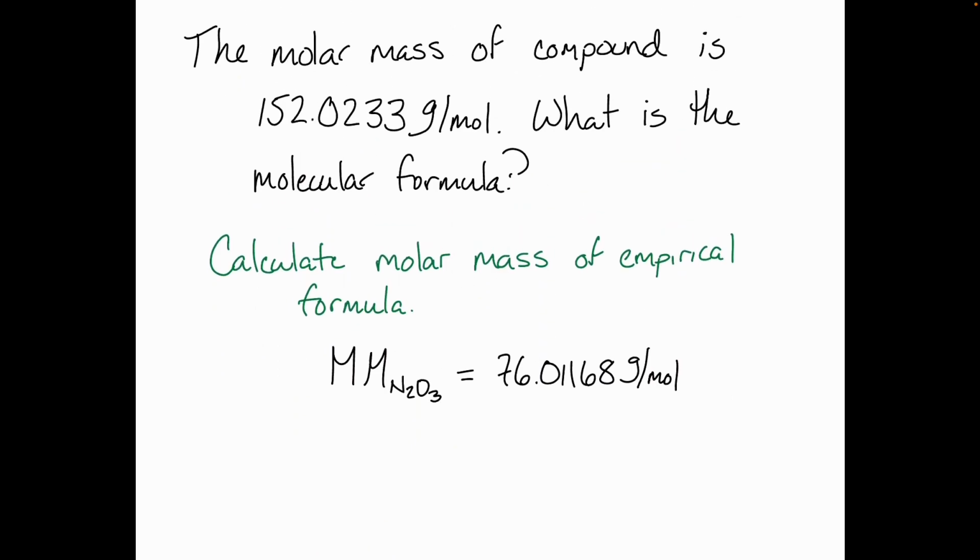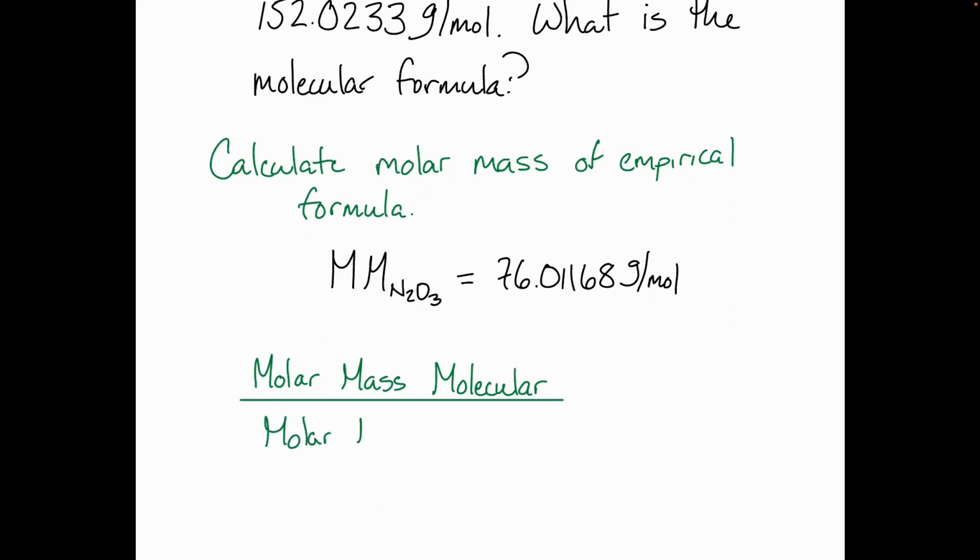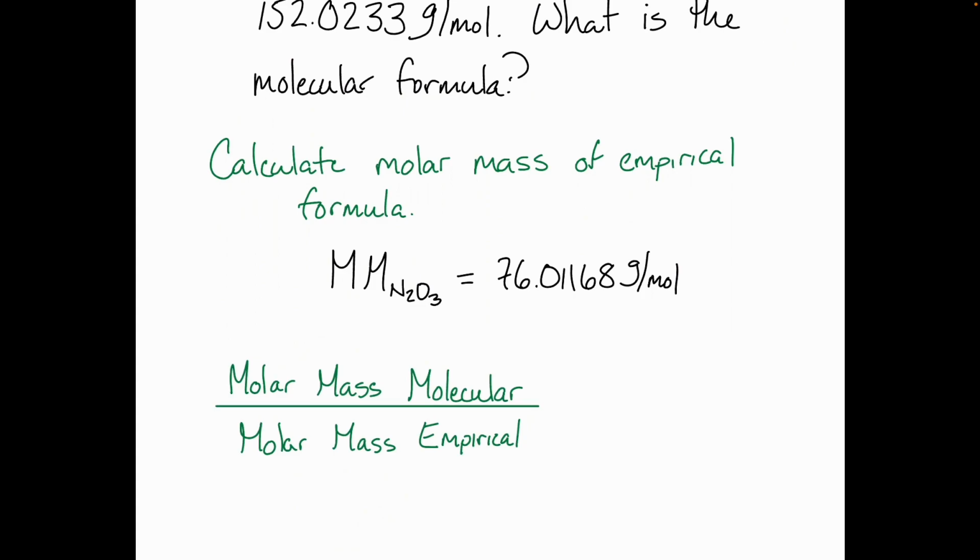We can take the molar mass of our molecular formula and divide it by the molar mass of your empirical formula. This will tell you how many of those little N2O3 building blocks you have in your molecule.